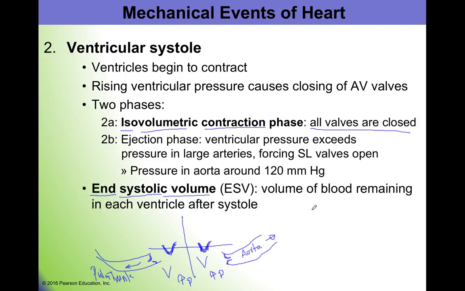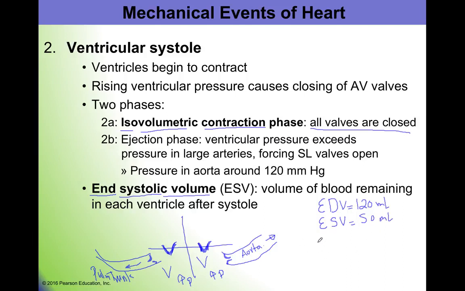So let me give you a couple of numbers. The end diastolic volume, which is when the ventricles are relaxed, is about 120 milliliters. And when your ventricles are done with contraction, the end systolic volume is about 50 milliliters of blood left inside the heart.